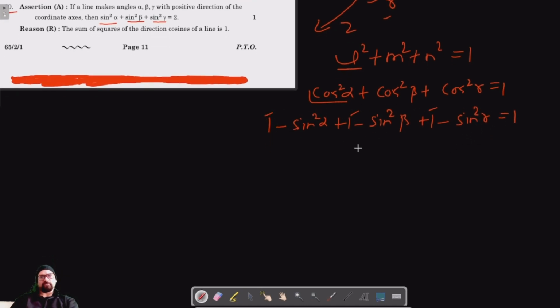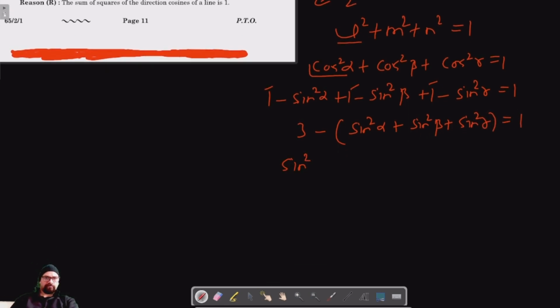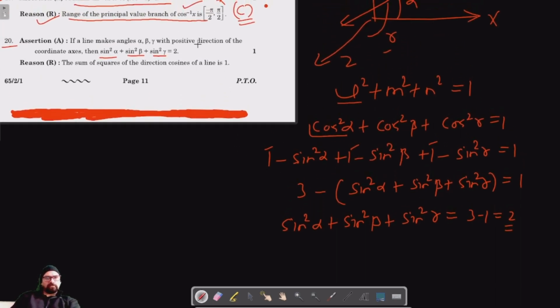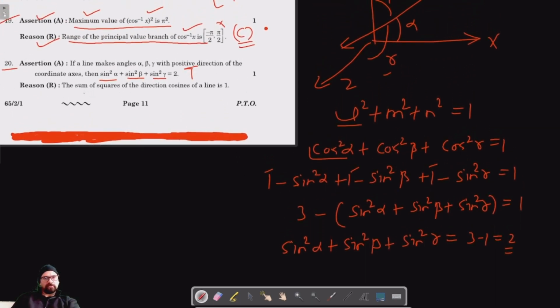So 1 plus 1 plus 1 is 3, and if we take the negative common, sine square alpha plus sine square beta plus sine square gamma is equal to 3 minus 1, which is equal to 2. So the assertion is true, and the sum of the squares of the direction cosines of a line is 1. So this is the reason why we got this.